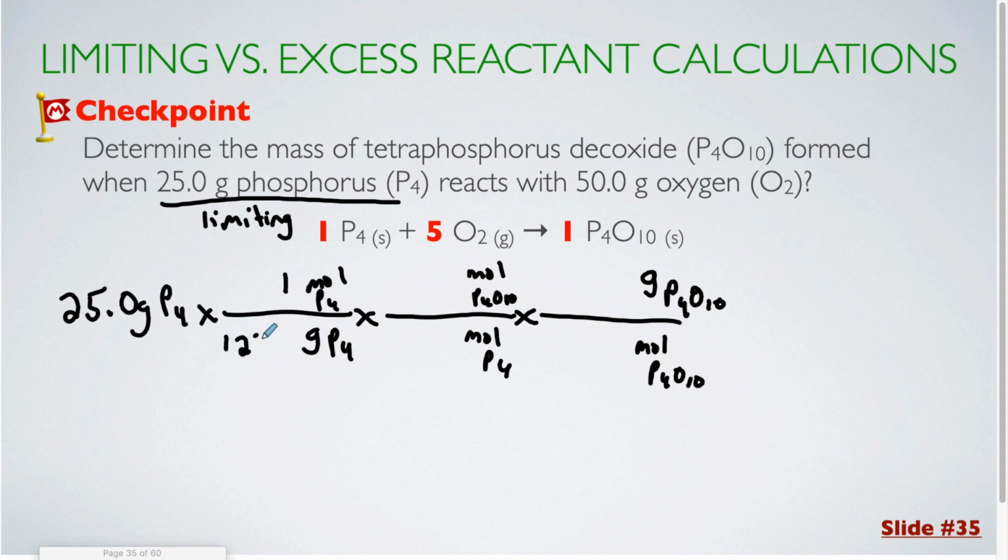That was 123.88 grams. The mole-to-mole ratio is from the balanced equation, so this is a 1-to-1 relationship, so 1 over 1. And then for our last part, we have 1 mole for the molar mass. So I have 4 phosphorus and 10 oxygen that I have to add up. So it's going to come out to 283.88 grams. When I multiply across, that is 48.2 grams of P4O10.